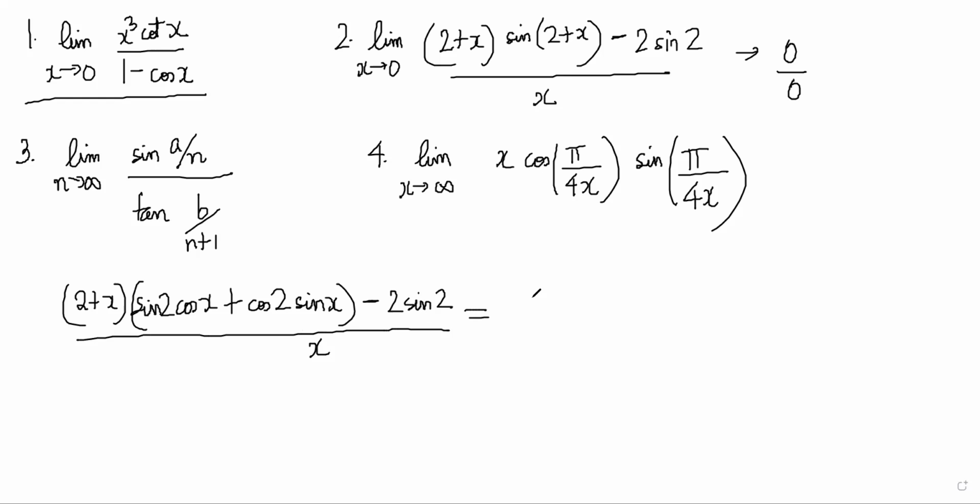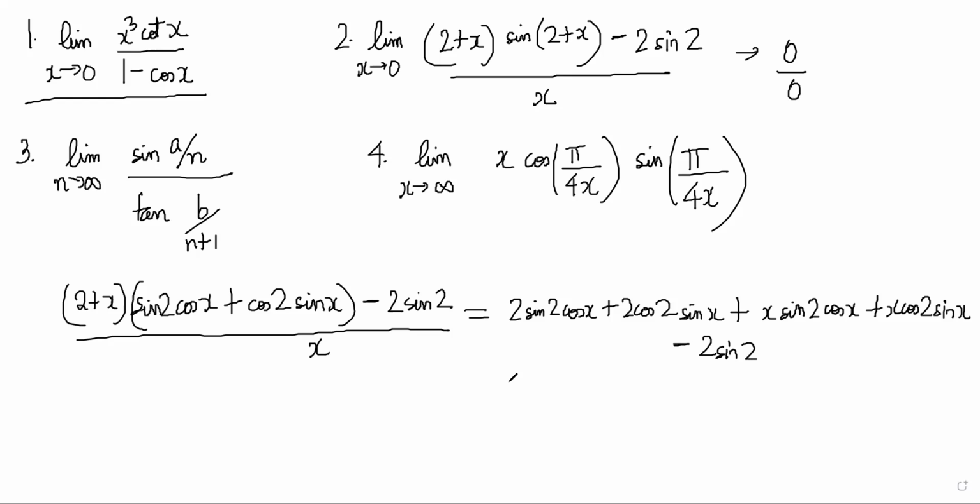So this becomes 2 sine 2 cos x plus 2 cos 2 sine x plus x sine 2 cos x plus x cos 2 sine x minus 2 sine 2 by x.